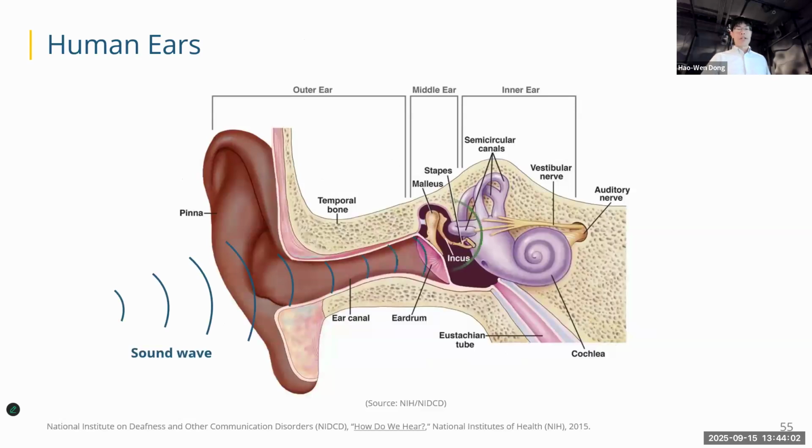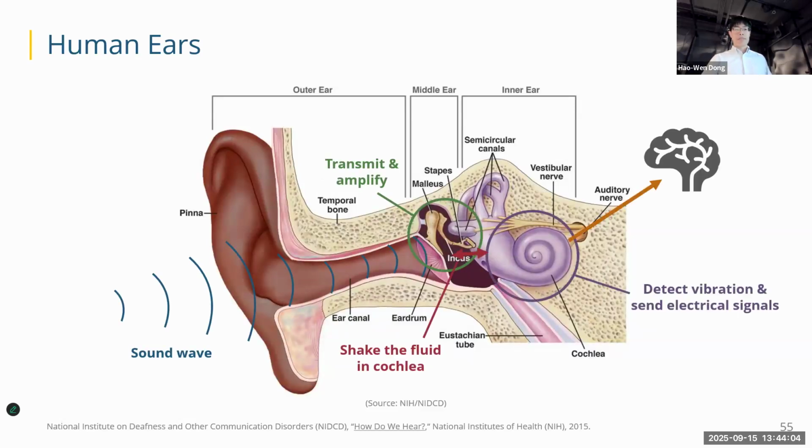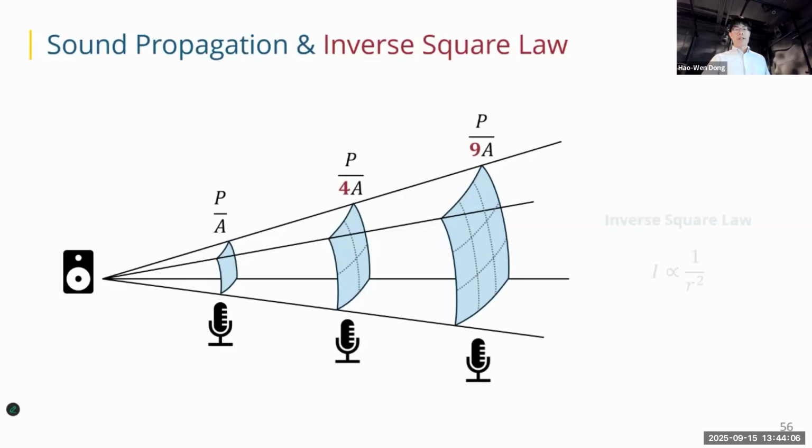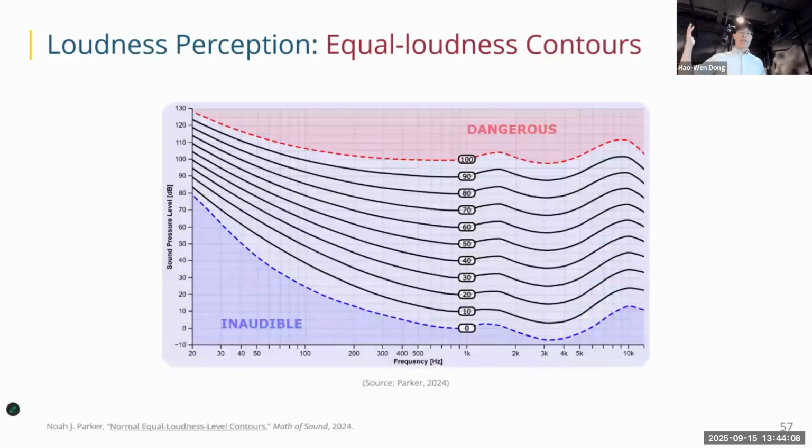And we talk about human ears. I'll just skip. And we talk about the inverse square law. And we talk about this equal loudness contour, which is probably the most basic thing, so that human ears are sensitive to a certain pitch range in the middle, around 3K, 1K to 5K-ish, and then everything else will just decay and become less sensitive.